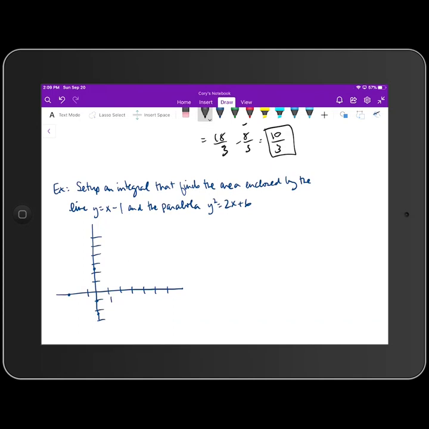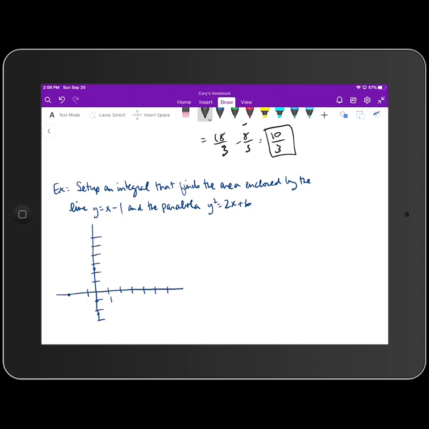Okay, so the last example we're going to look at, the directions ask us to set up an integral that finds the area enclosed by the line y is equal to x minus 1 and the parabola y squared is equal to 2x plus 6.